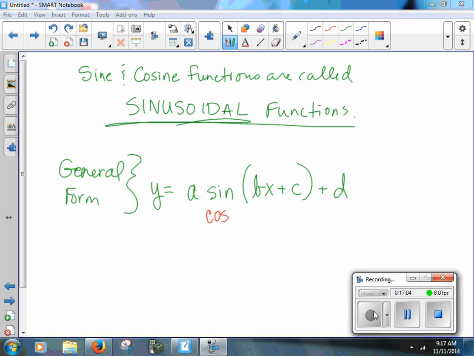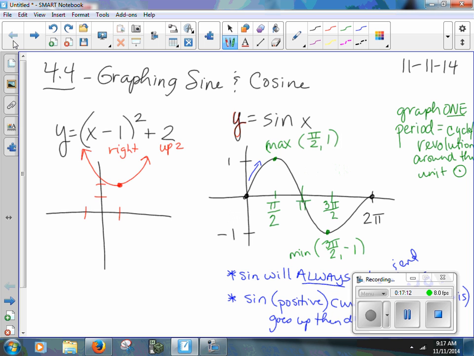Mx plus b. That kind of looks familiar. Does this piece right here kind of look familiar to this? It kind of sort of does, except this quantity is squared. That's the difference between a quadratic and a sine or a cosine curve. So I can kind of see the similarities, and if you can connect to something you already understand, graphing these will be a whole lot easier.